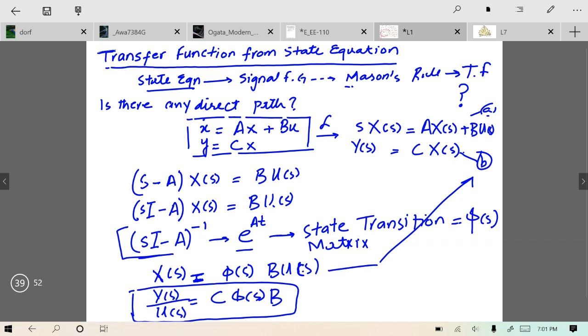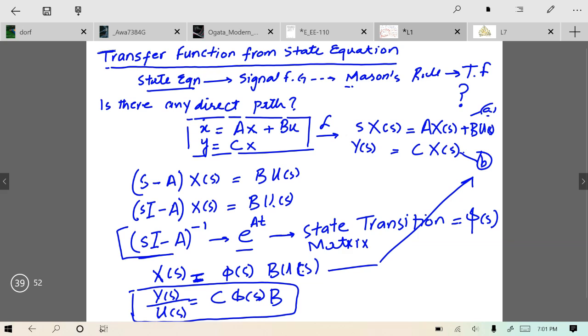Now, if you notice, Y of s over U of s is output over input. C is the matrix from your state equations, B is the matrix from your state equation, and phi of s can be found from (sI minus A) inverse.